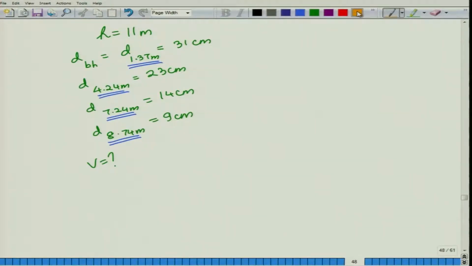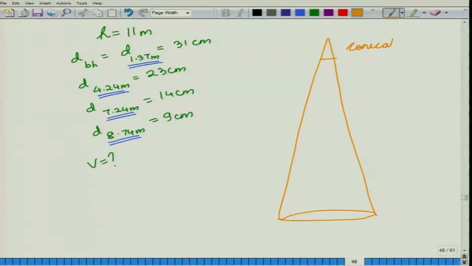To understand that, let us make a tree. As we know, the topmost portion is going to be conical, and in any case we are going to measure the dBH. So, these are two things that we know about a tree.